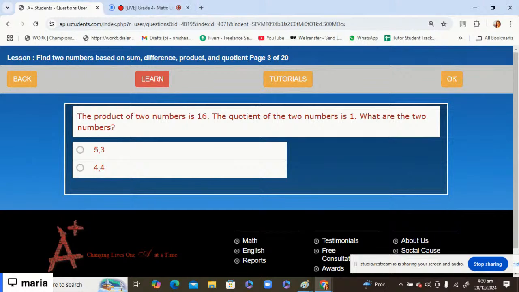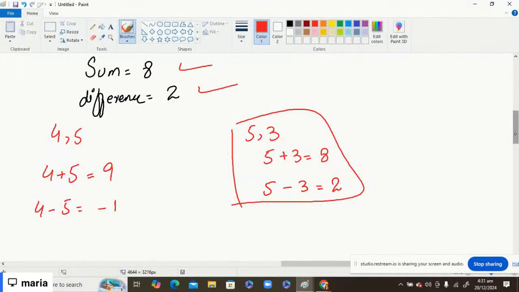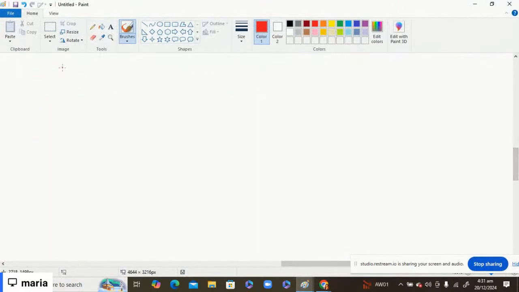Let's do it, okay? Product is 16. Quotient is 1.